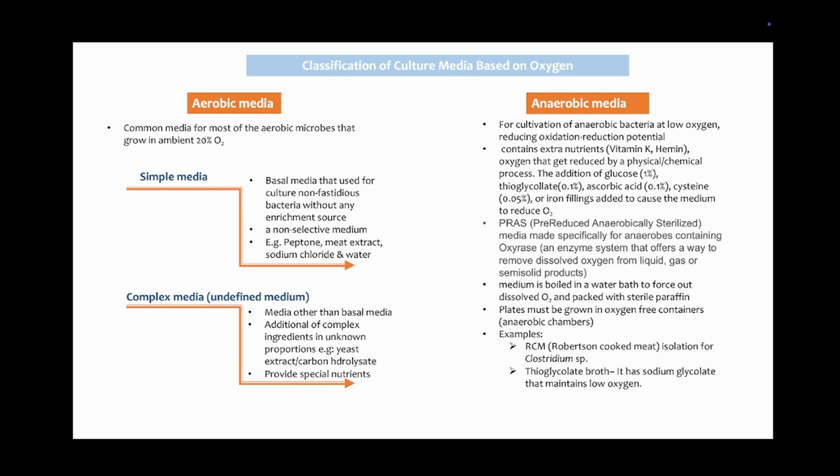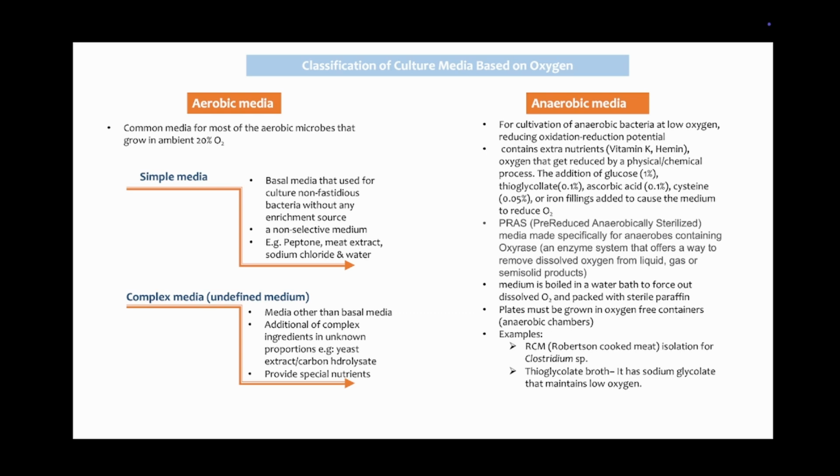You will notice that in all the anaerobic media that you use, there is a lot of reducing agents. Okay? Reducing agents, for example, your thioglycolate, ascorbic acid, cysteine, iron filings.